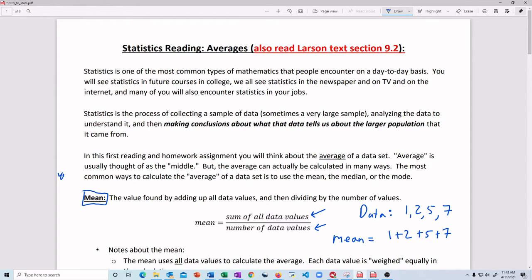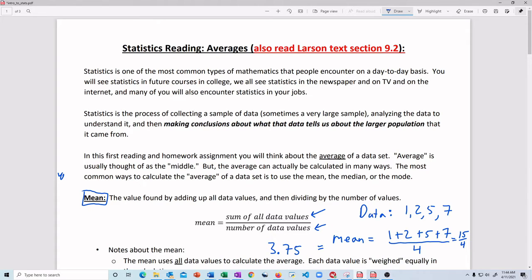I'm taking each data point into account here, and then I divide by 4 because there's 1, 2, 3, 4 data points. So I would go into my calculator and type in 1 plus 2 plus 5 plus 7. That's going to give me 15 divided by 4. And then usually we like writing this in decimal form instead of a fraction. If you plug that in your calculator, you're going to get 3.75.